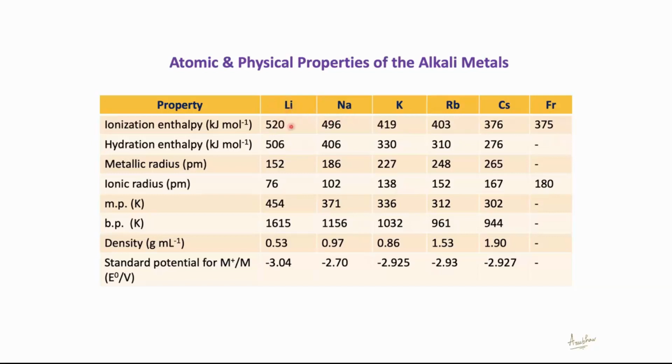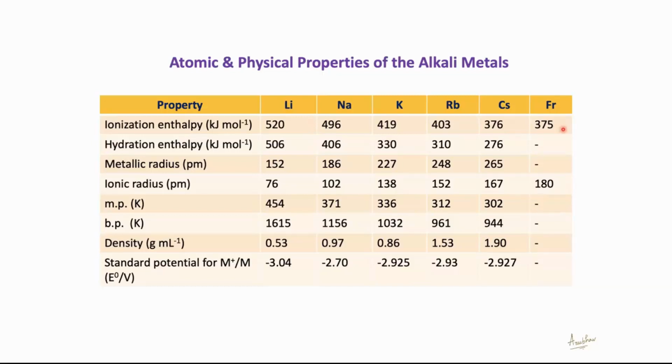But you see, when the size is small, the outer valence electron will be close in proximity to the nucleus. That's why it will be more tightly bound to the nucleus in case of lithium, and it will be loosely bound in case of francium, because the atomic size of francium is quite high. The ionic size of francium is also high. So the valence electron will be too far from the nucleus.